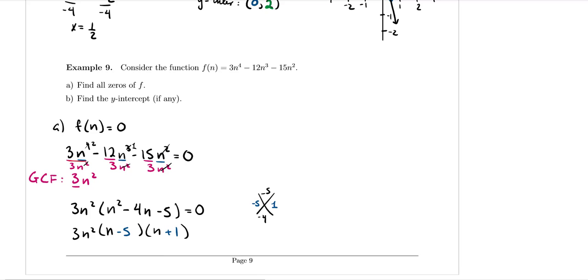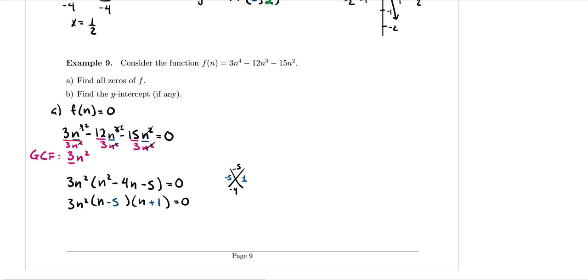Okay. Now this was equal to 0, so we once more use the zero product property. So we're going to be getting 3n squared equals 0, n minus 5 equals 0, and n plus 1 equals 0. So it looks like n is equal to 0 here, because if we divide by 3, 0 divided by 3 is 0.